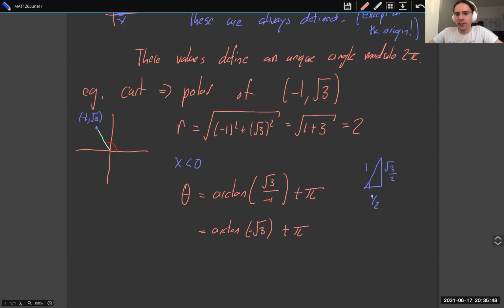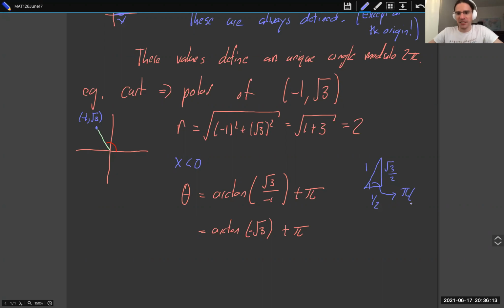Okay, what angle do we have here if it's root 3 and 1/2? Then what angle is this? Pi over 3? Yep. Pi over 3 is 60 degrees because 3 times 60 is 180, which is pi.